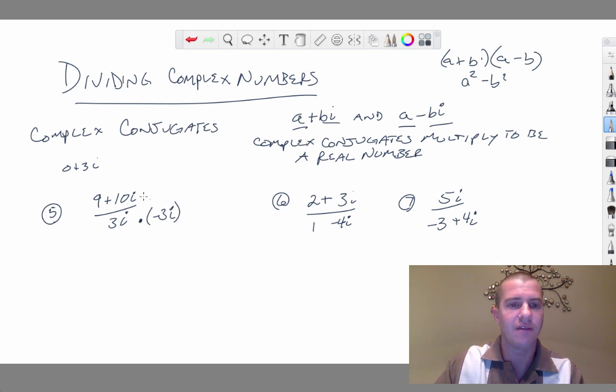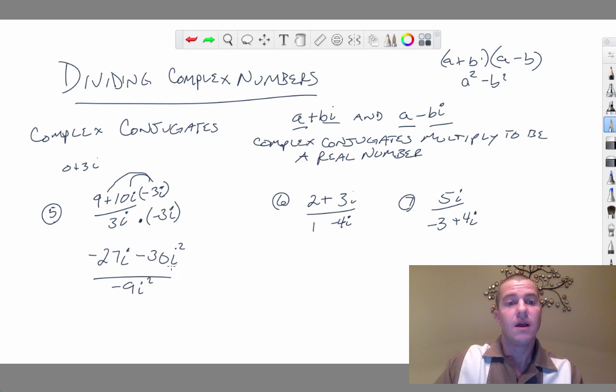So I'm going to multiply by negative 3i here, multiply by negative 3i here, and you multiply both top and bottom, numerator and denominator, by that conjugate, and I distribute, and that becomes negative 27i minus 30i squared over, and this becomes negative 9i squared. Negative 30i squared just becomes positive 30, and minus 27i over, and this becomes positive 9.